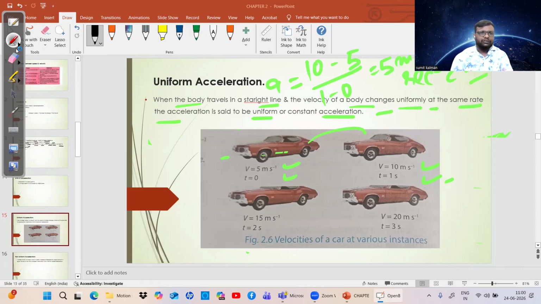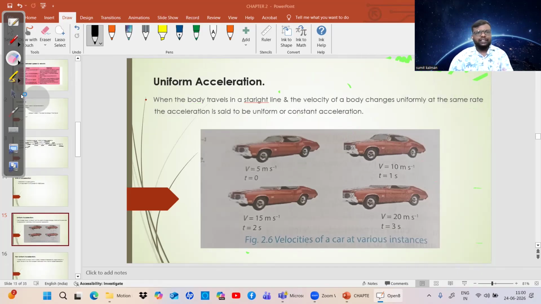Next, we will calculate for the second and third car. The second car has velocity 10 meter per second at time 1 second. The third car has velocity 15 meter per second at time 2 seconds. Acceleration is equal to change in velocity upon time interval for change.